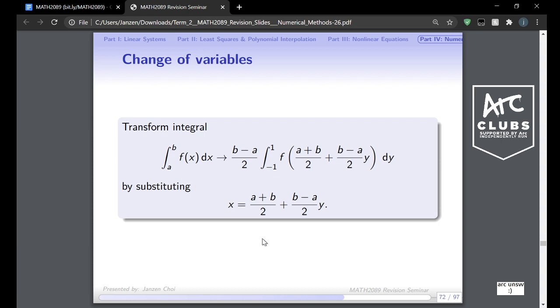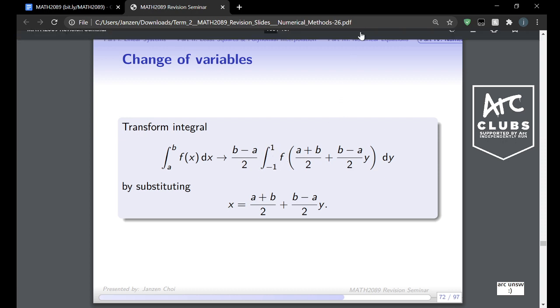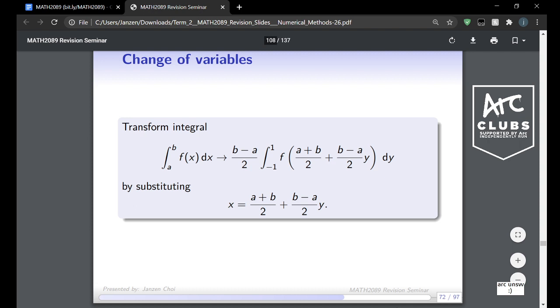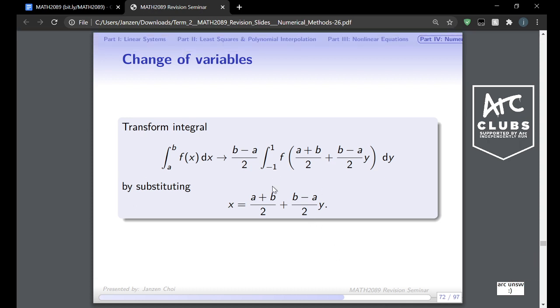Change of variables. So this is what I was talking about when I said that the bounds of the integral had to be 1 and minus 1 for Gauss-Legendre's rule to be, I guess, viable. Changing the variables allows us to transform any arbitrary interval [a, b] into minus 1 and 1, thus making the integrating function applicable for the Gauss-Legendre rule.